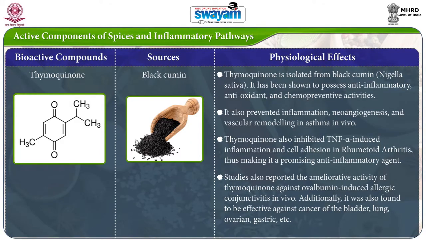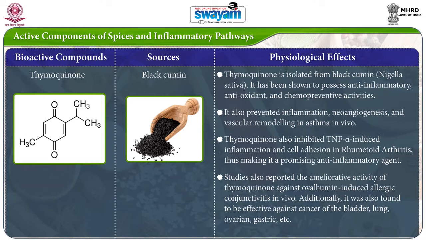Now, the next is thymoquinone. It is isolated from black cumin, also known as Nigella sativa. It also prevented inflammation, neoangiogenesis and vascular remodeling in asthma in vivo. Thymoquinone also inhibited TNF alpha induced inflammation and cell adhesion in rheumatoid arthritis, thus making it a promising anti-inflammatory agent.